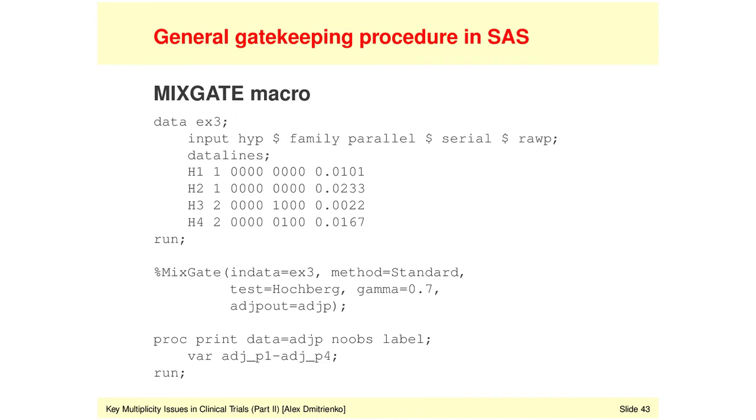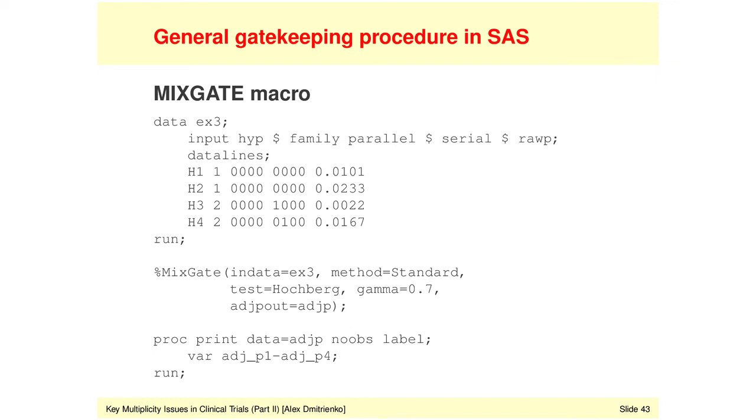This slide shows the code that needs to be run in SAS to invoke the mixed gate macro and perform a multiplicity adjustment based on this general gatekeeping procedure. We begin by defining the data set called EX3. It stands for example 3.